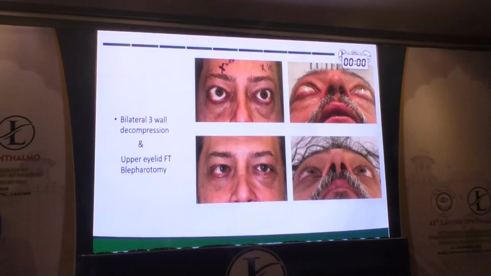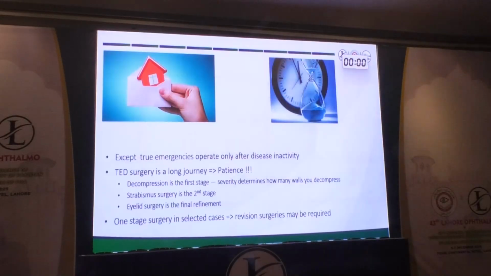After the surgery, his eyelid position was fine, and his strabismus was corrected very recently. But we still have to tell patients they may need revisions if we do a one-step surgery, because of the congestion, it may be difficult to align the lid height and the globe position.